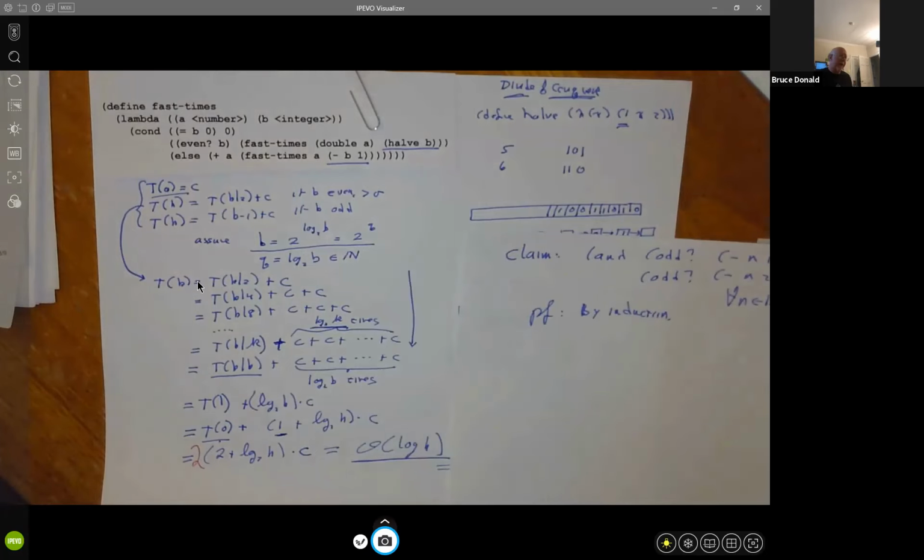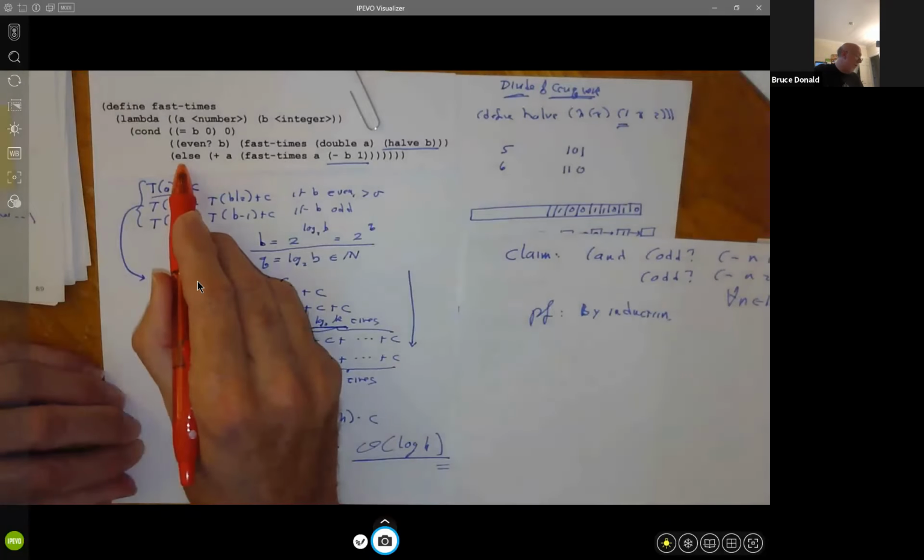So this is a very common strategy for proofs, although you have to kind of find a trick, which is that you prove an easy case first, like the case where it's a power of 2, and then you generalize to the harder or more general case. So again, if b is a general number, at worst case, we double the number of recursive calls, even if we take the else branch, which is here, every other time.